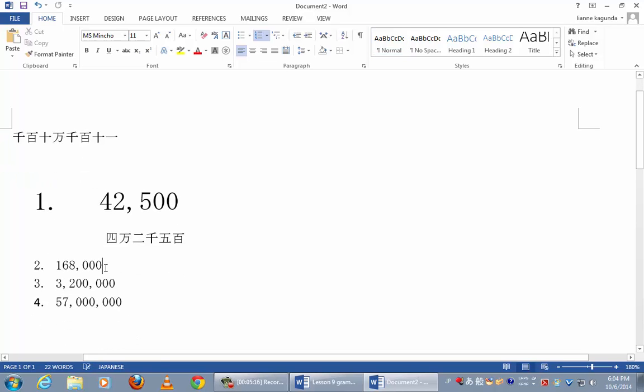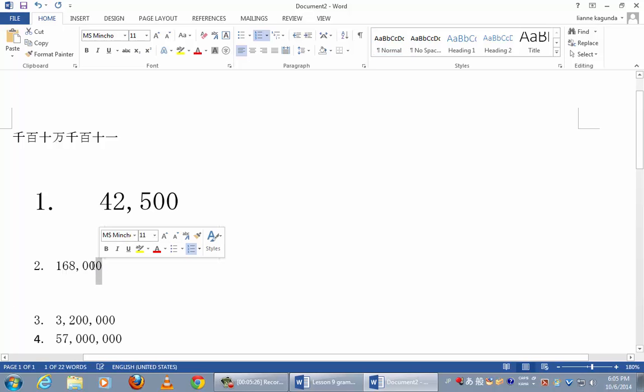Okay, looking at this next one, what do we need to use? If this is ichi, ju, hyaku, this one is sen, man, what's this one going to be? Juman. Okay, so since this is ichi, what's it going to be?